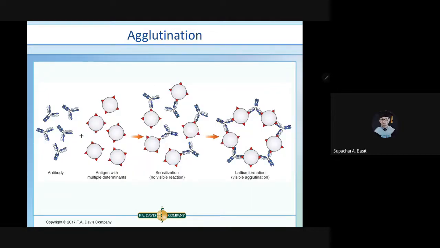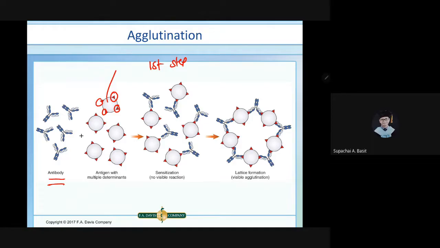So here's an example of a very simple agglutination reaction. If this is your antibody, and this is your antigen with multiple determinants, so you have a determinant here, here, here, and here. So the first step is called sensitization, meaning to say there is no visible reaction yet.